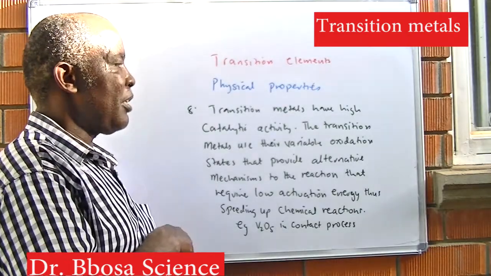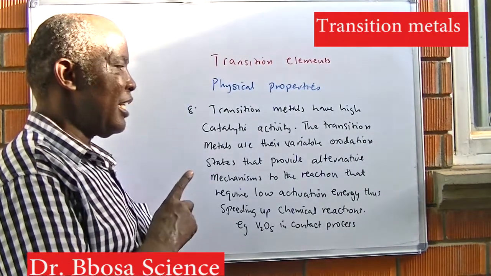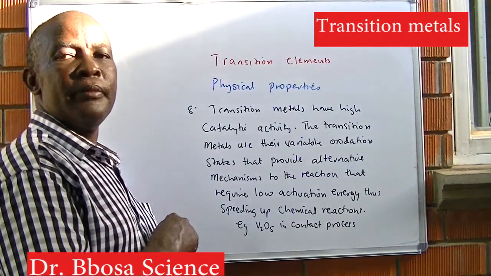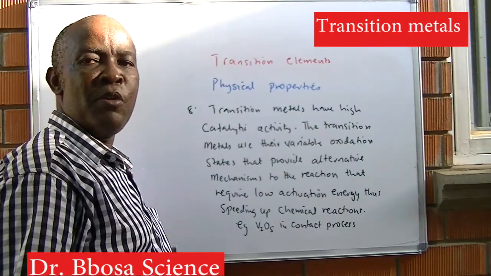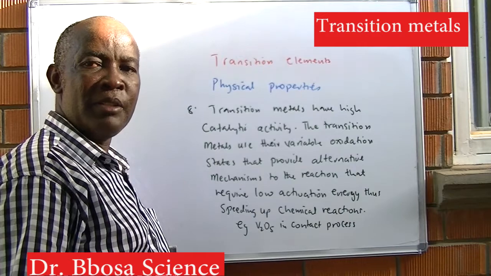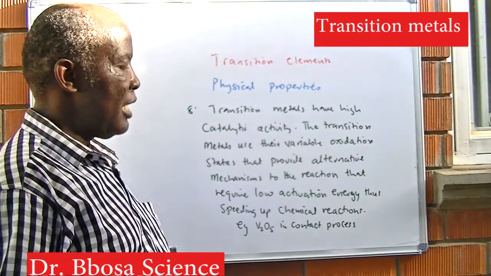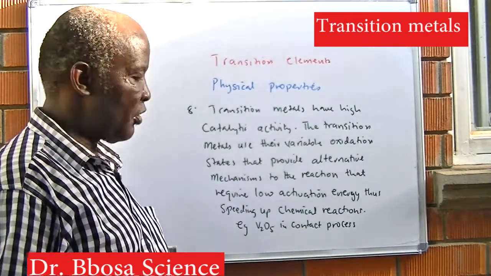Transition metals have high catalytic property. They speed up a chemical reaction by providing alternative mechanisms that require low activation energy.